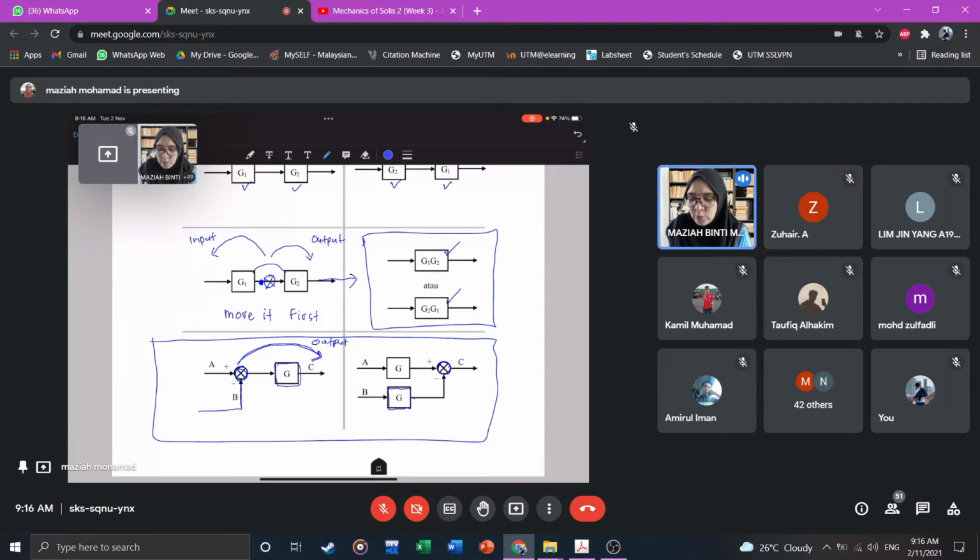So when you move it toward the output, now there is a new G block, and B here will be multiplied with G. This block here is due to the moving step, because you move the summation point, therefore you need to multiply with G. So that is when you move the summation point toward the output.